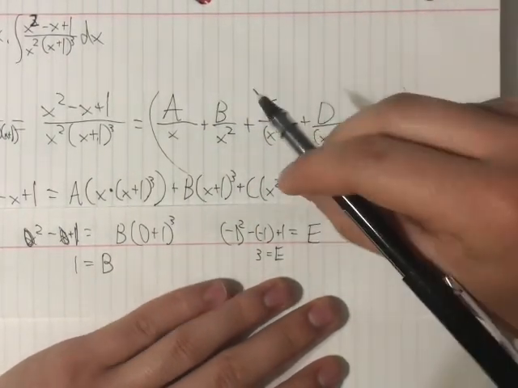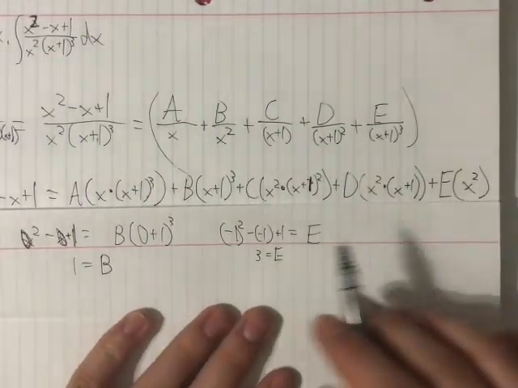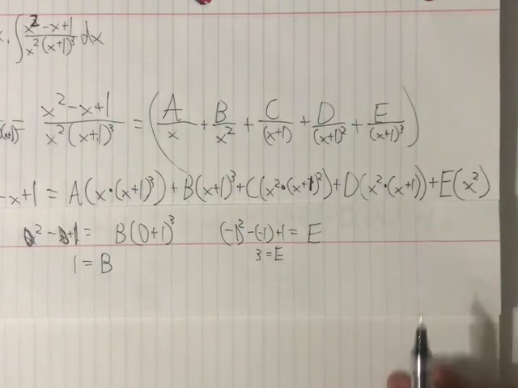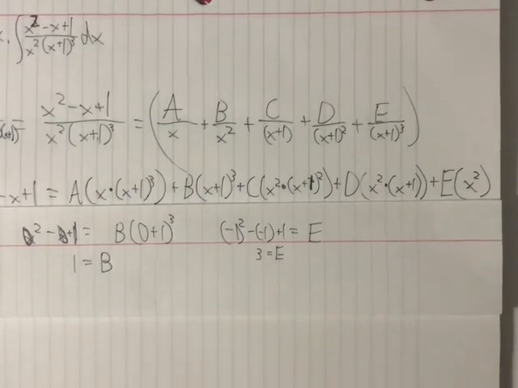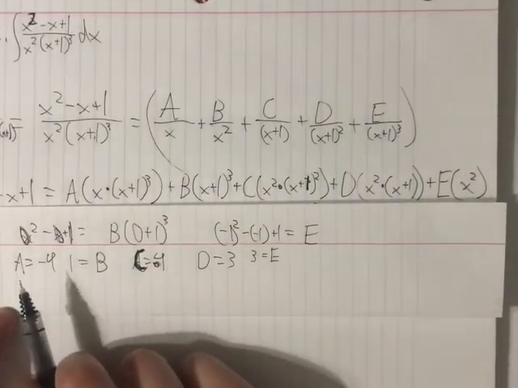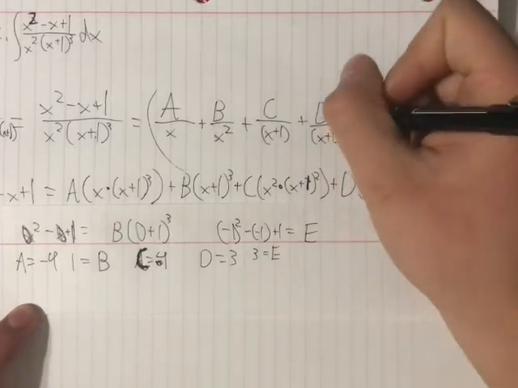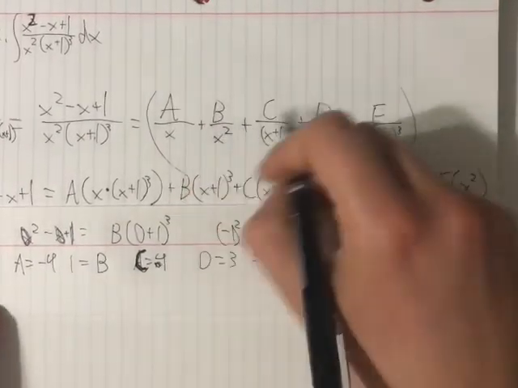And then from here we can just start slowly picking away until we get the rest of our values, which I will do right now off screen just to save time. So after finding A, C, and D, we can plug our values back into our equation up here and begin to integrate.